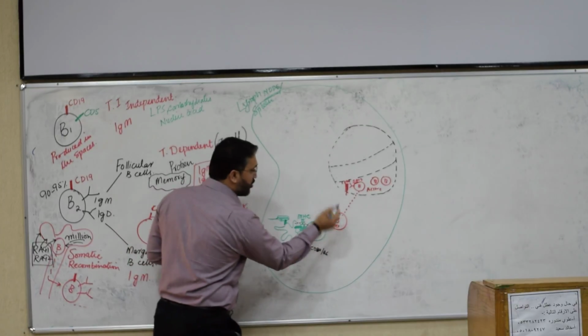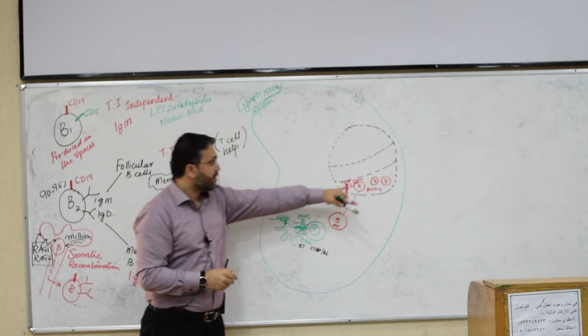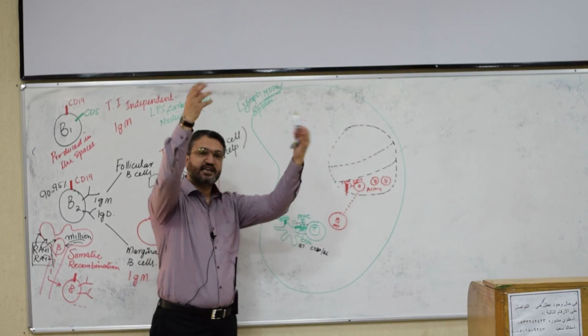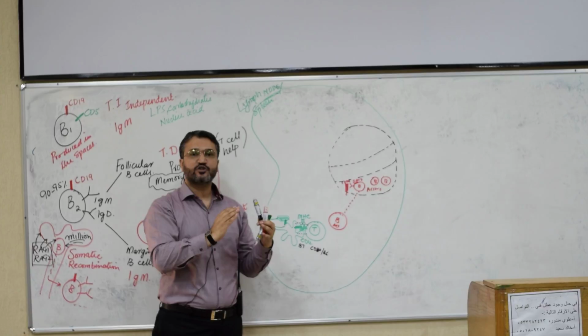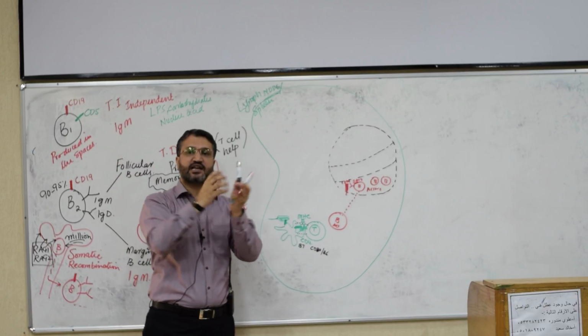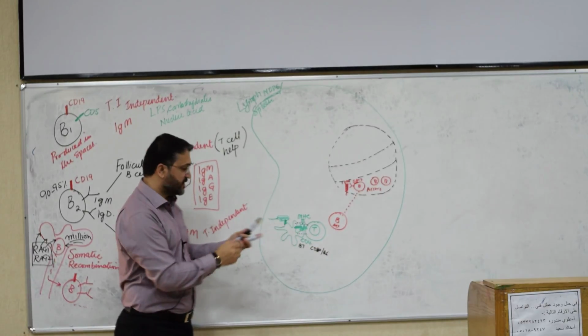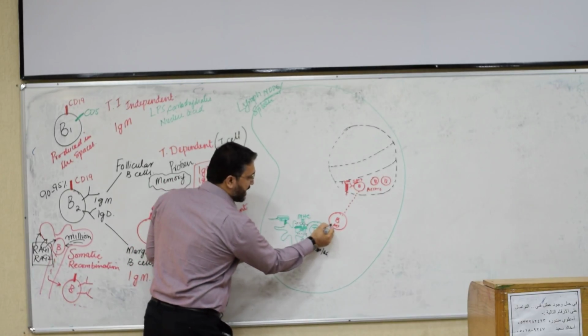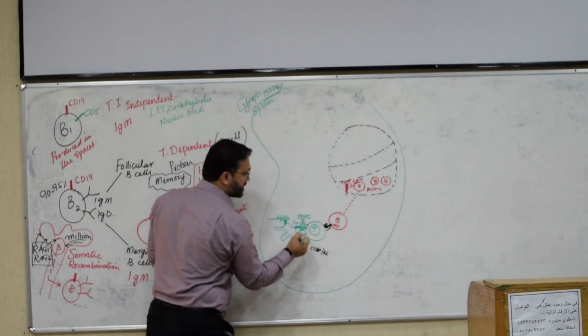Another thing is, when these antibodies bind with the bacteria, they take it inside, internalize the bacteria, break it down into pieces, load it on MHC class 2, and go out of the germinal center and present it to T cells. So here there is the MHC with bacteria on its surface.